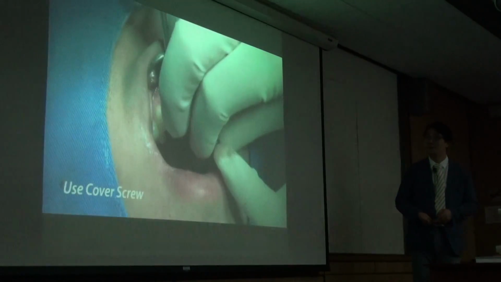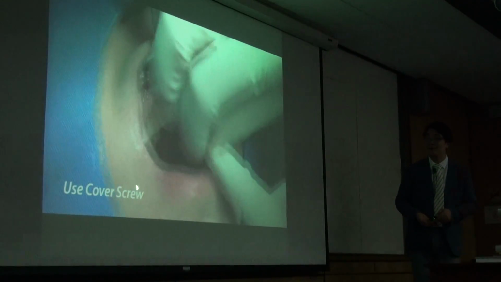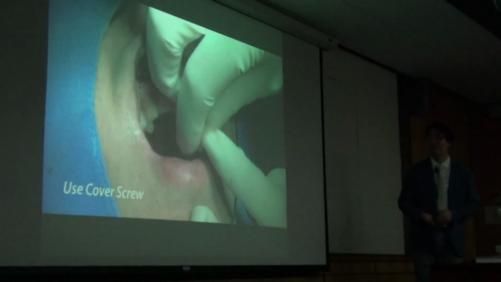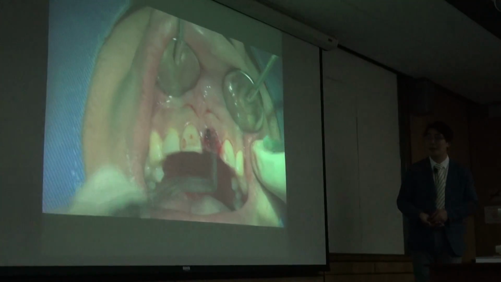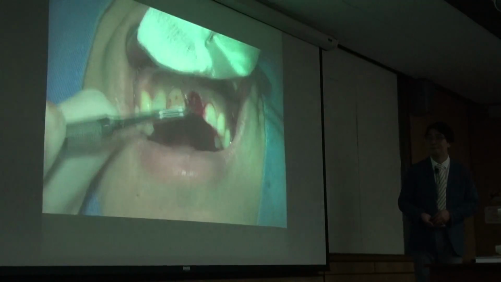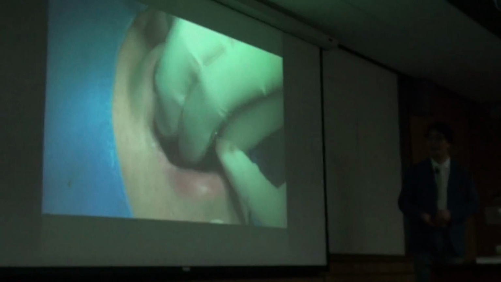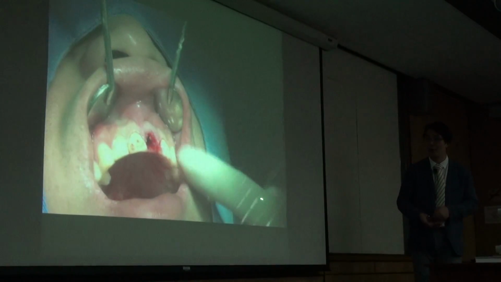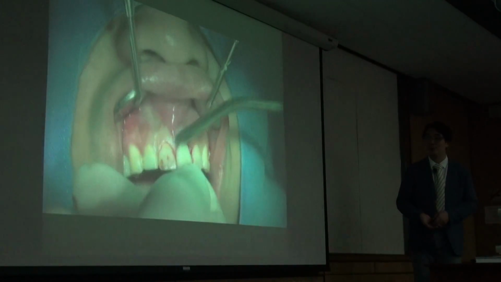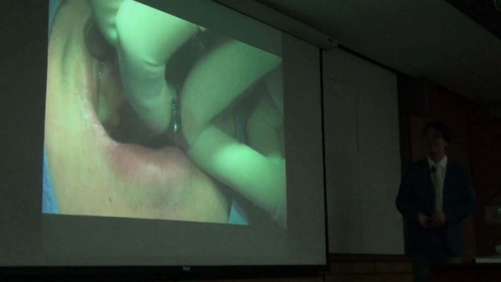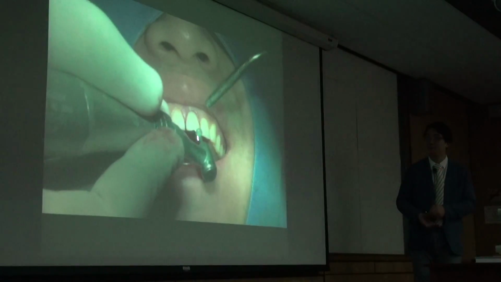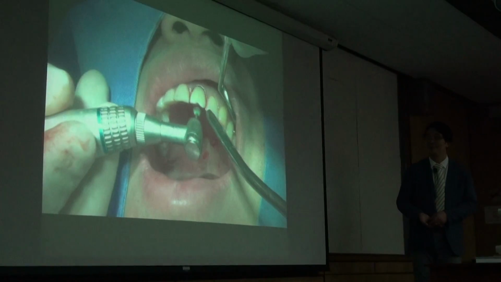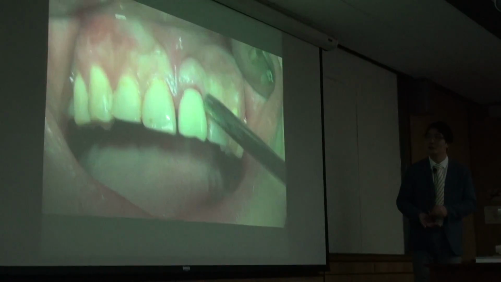So put in a cover screw first, and then put bone into the gap, and cover the screw and push in a provisional restoration. Then control the opposite side. Surgery is finished.